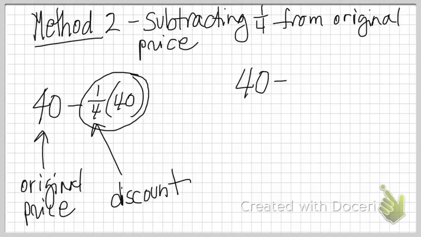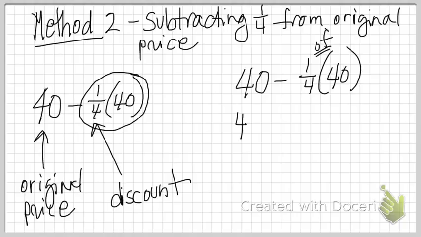So if we went ahead and did that, 40 minus 1/4 times 40. Again, this is 1/4 of 40, and remember that word, "of" implies or demands actually multiplication. So 1/4 of 40 is 10, and we just do the multiplication there.